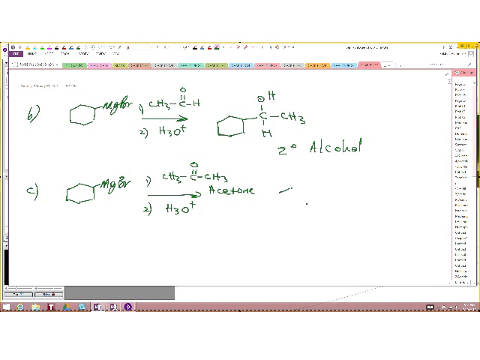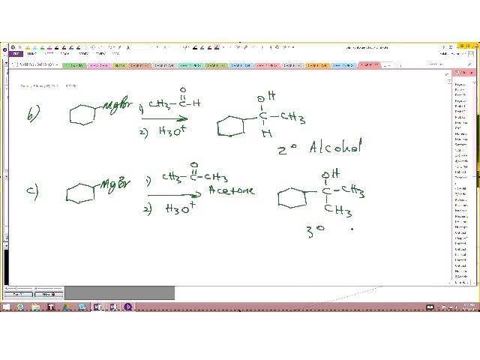And what do we get? In this case, the Grignard will react with a ketone to give you what kind of alcohol? Tertiary alcohol.